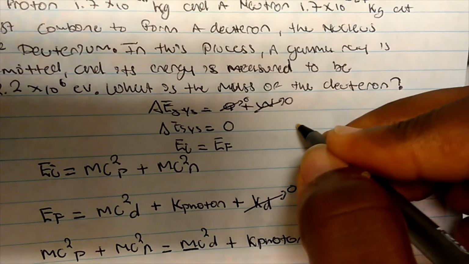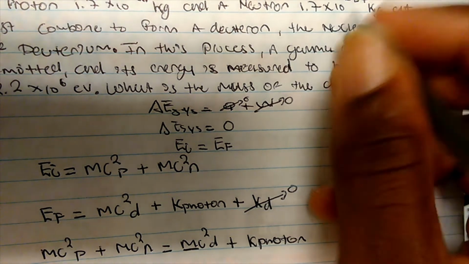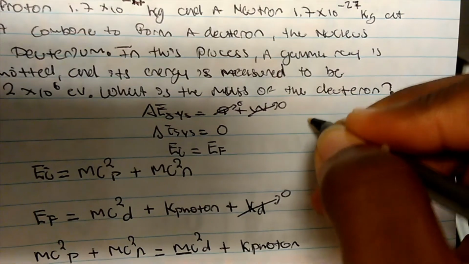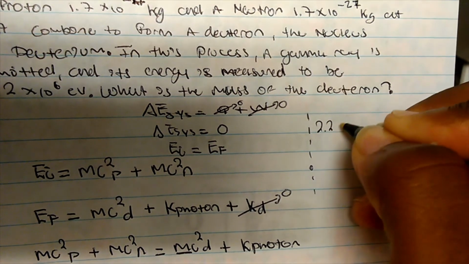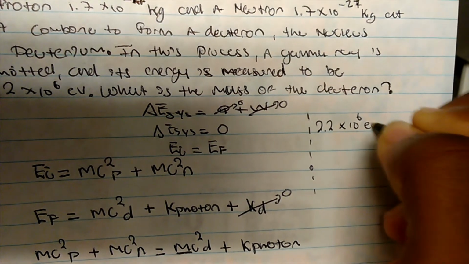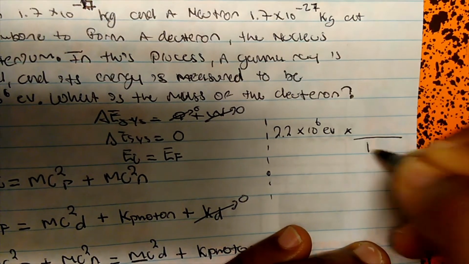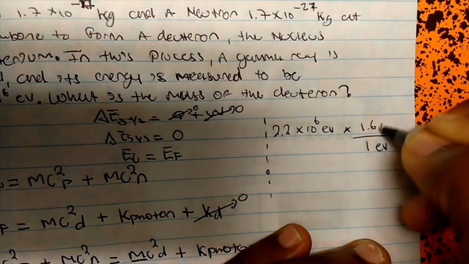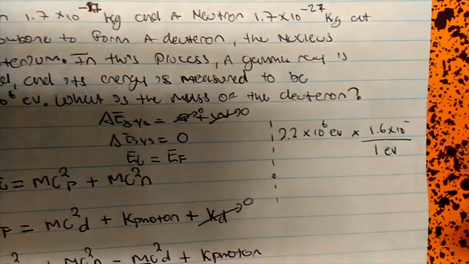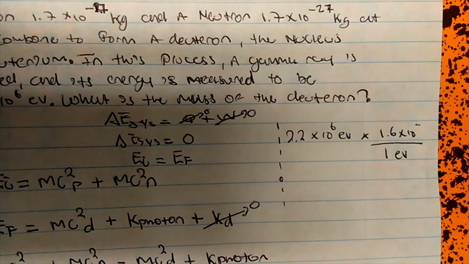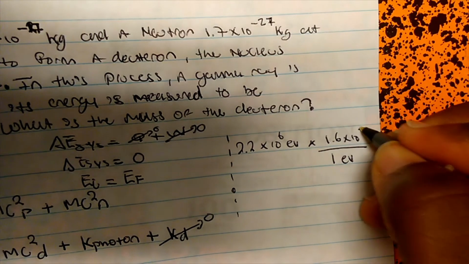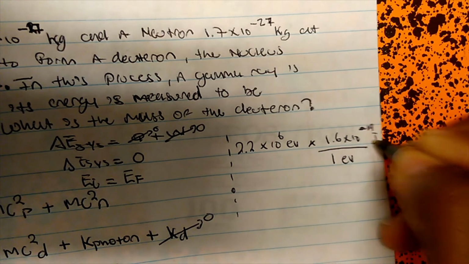So for every 1 eV, we get 1.6 times 10 to the negative 19 joules.